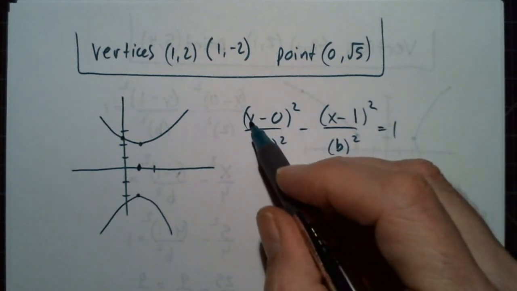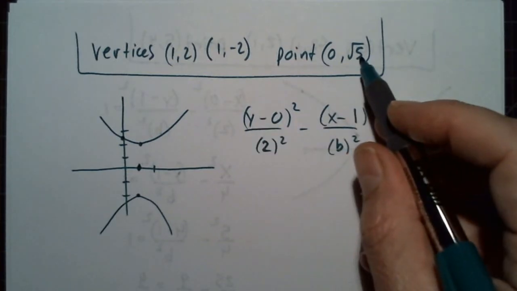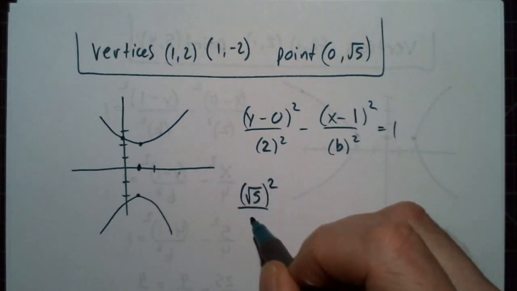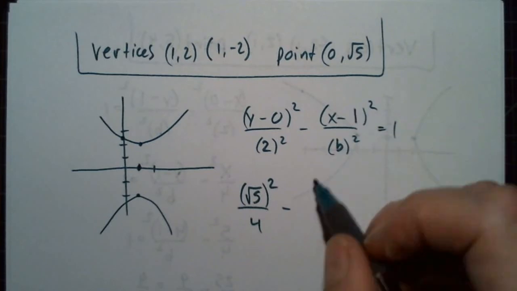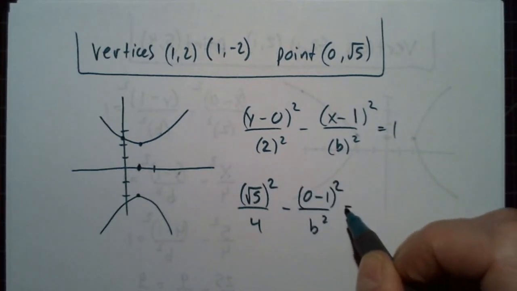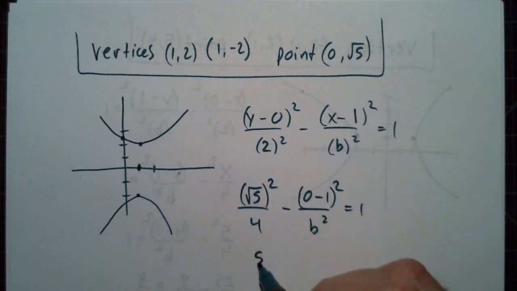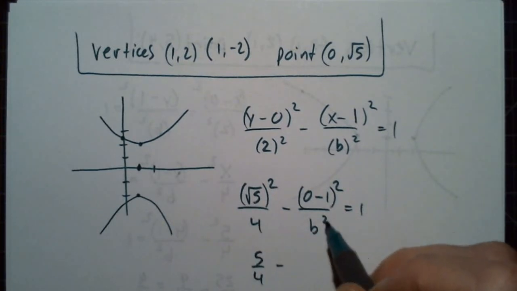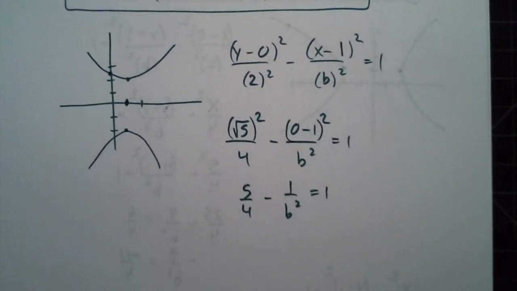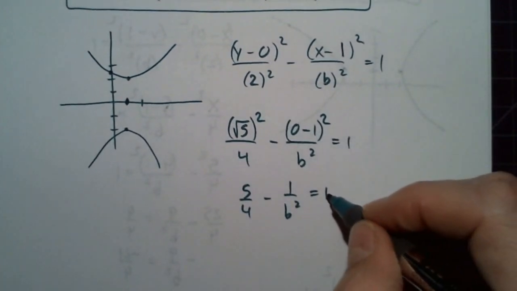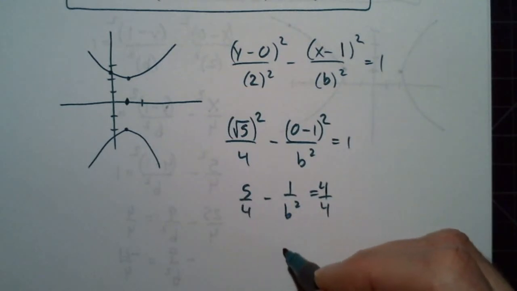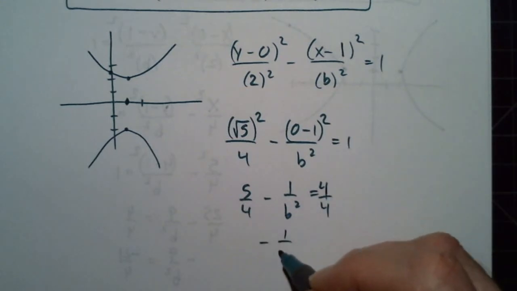We know the y value is radical 5. The x value is 0. So that'll be 5 over 4 minus 1 over b squared. And why don't we write this as 4 over 4. And we're going to subtract 5 over 4.